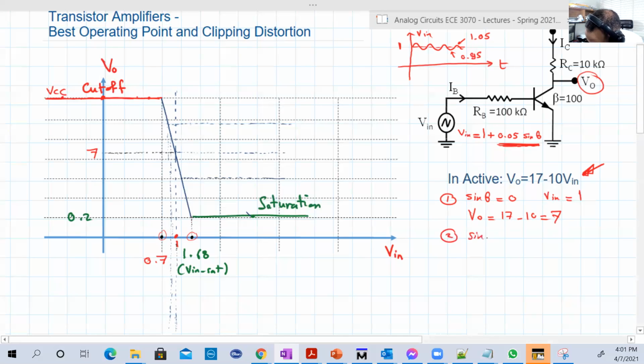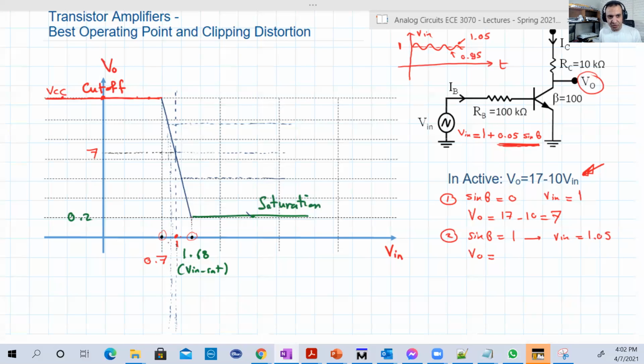Now let's put sine theta equal to 1. So basically the input will be 1.05. We can do the same. 1.05 on the axis here is just beside the 1. It's still less than 1.68 and higher than 0.7, of course. So still in active region, so we can use this equation again.